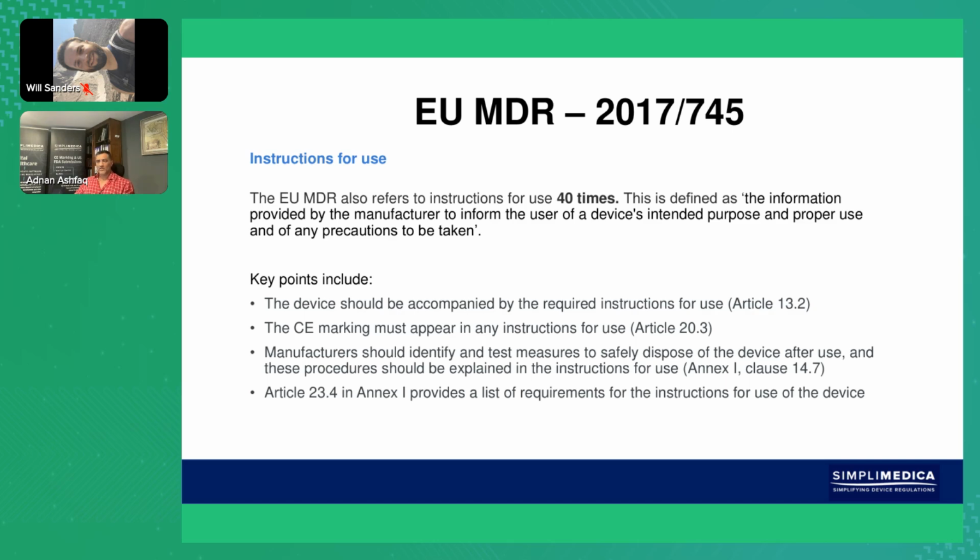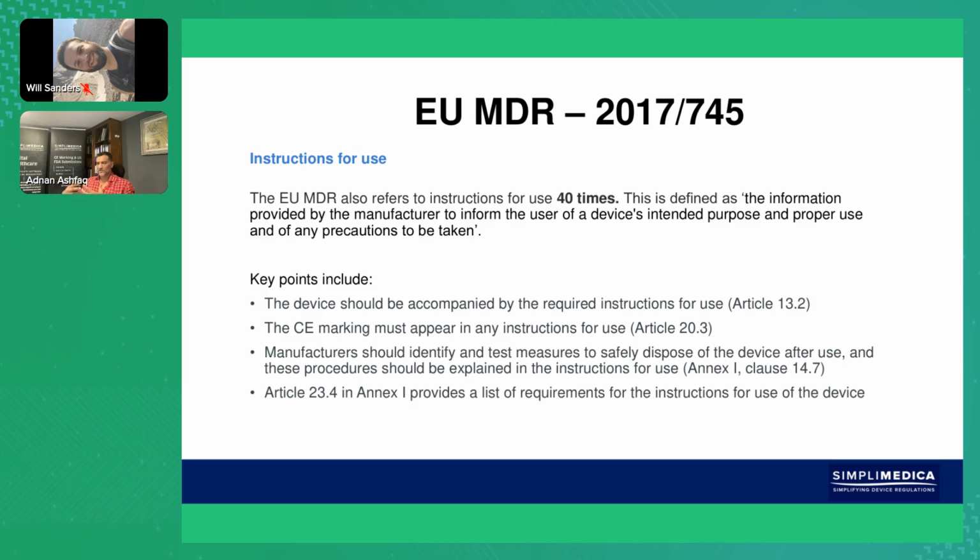So now let's have a look at the instructions for use according to the MDR. The instructions for use is defined as the information provided by the manufacturer to inform the user of a device's intended purpose and proper use, and of any precautions to be taken. Now we're stretching this out a little bit more, because it's now going to the user.